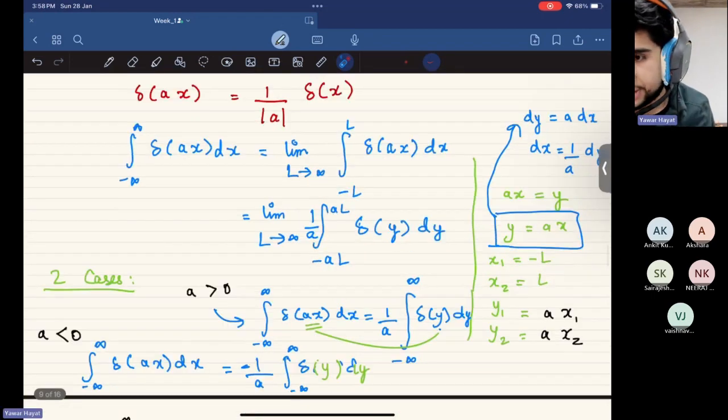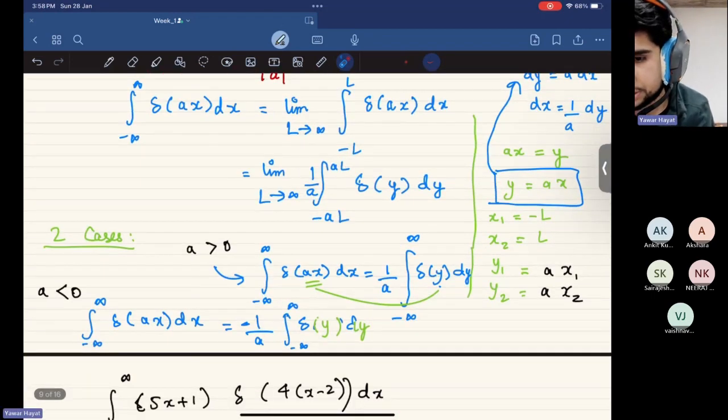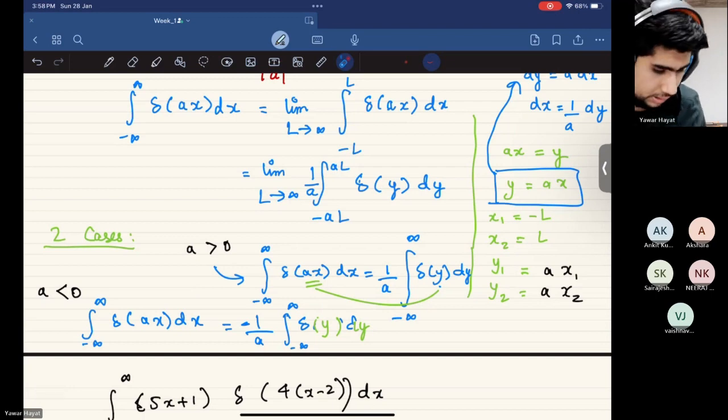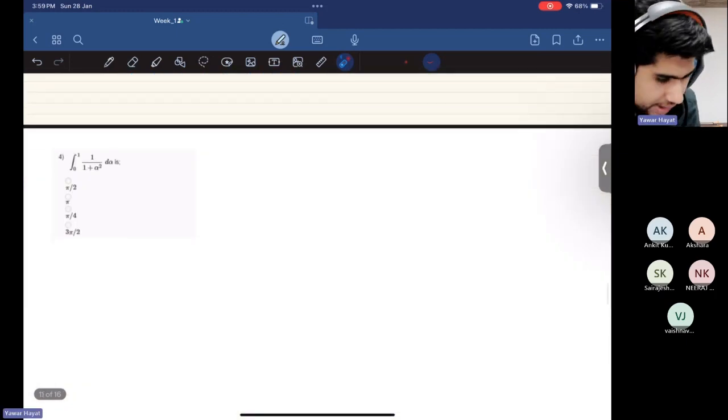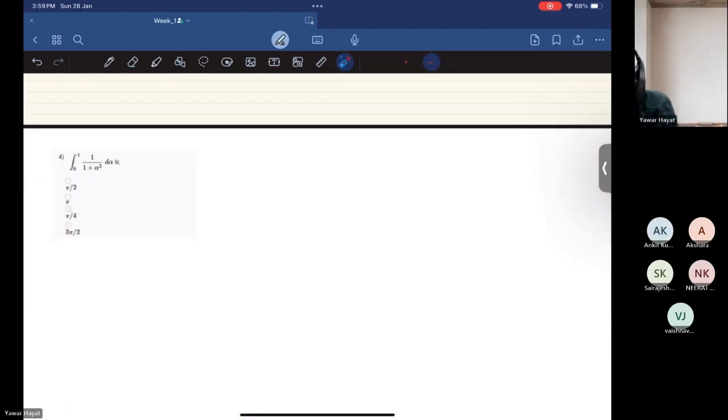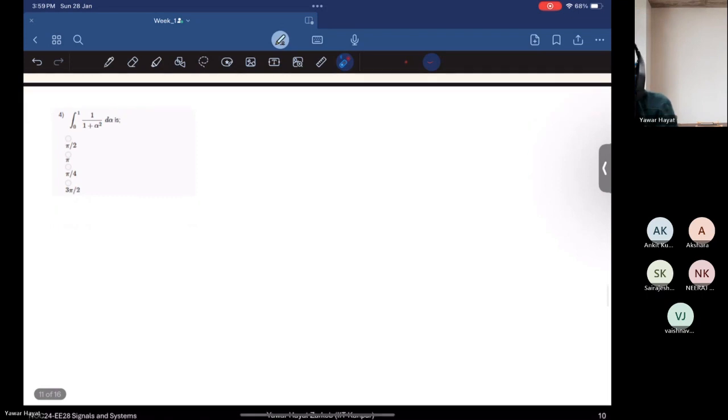Okay, that is fine. Attempt this problem, problem number 4. Integral 0 to 1 of 1 over 1 plus alpha square d alpha.